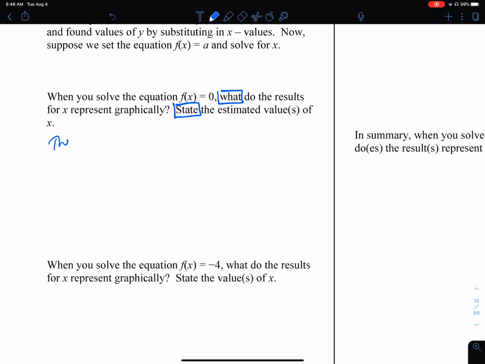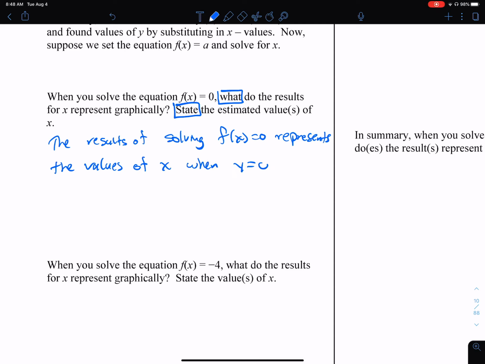The results of solving f of x equals 0 represent, restating the question, the values of x, could be 1 or more, when y equals 0.